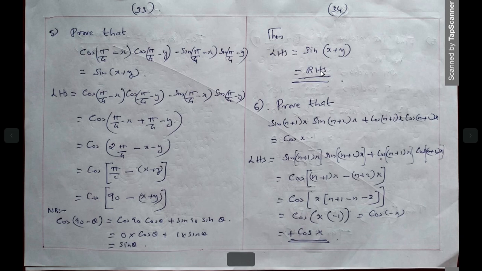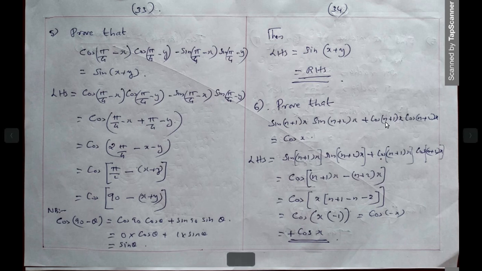Okay. Similarly, we have to prove sin(n + 1)x sin(n + 2)x + cos(n + 1)x cos(n + 2)x is equal to cos x. This is of the form cos a cos b + sin a sin b, in reverse order. First we take cos a cos b + sin a sin b, and that is cos(a − b).